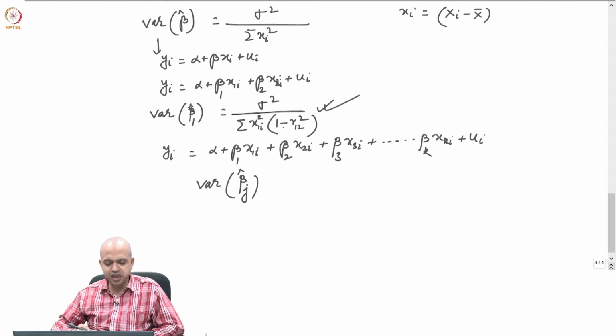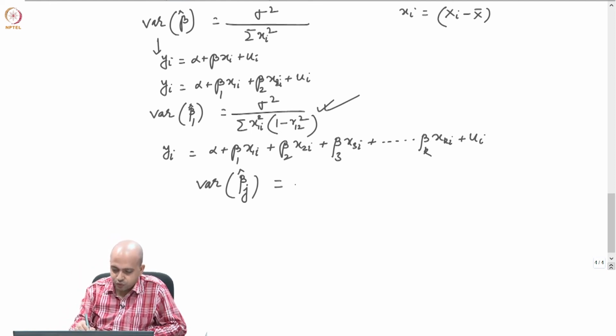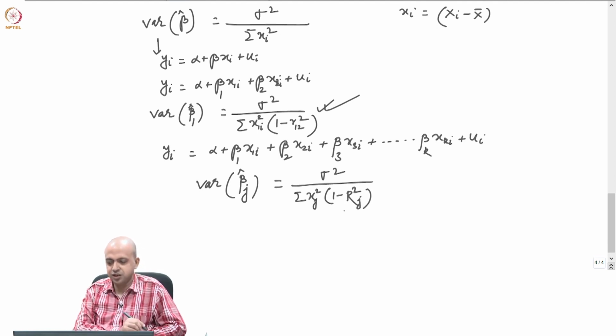right. But when you have k number of explanatory variables and you want to get the variance of a particular variable, let us say this is beta j, how will you modify this formula? This modification will happen like summation xj square into 1 minus capital R square j. And what is R square j? R square j is basically, how will you get it?